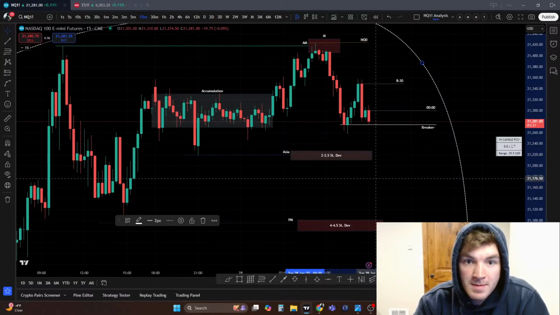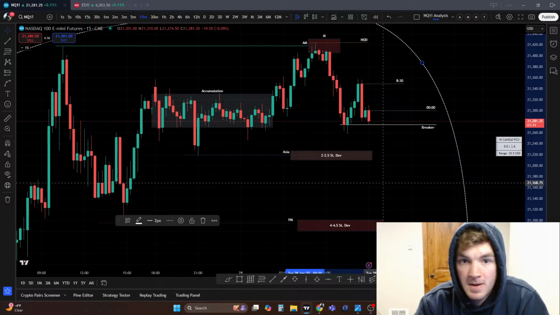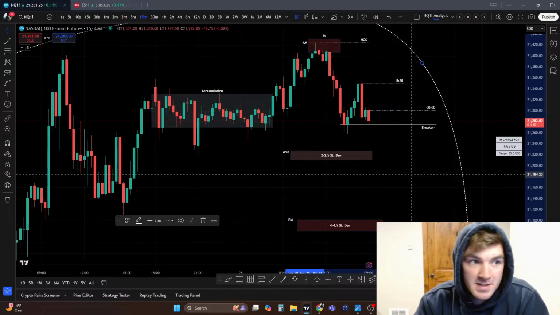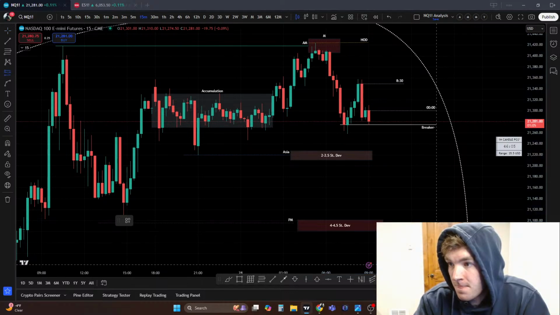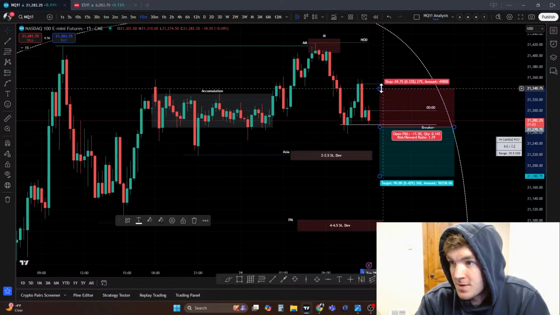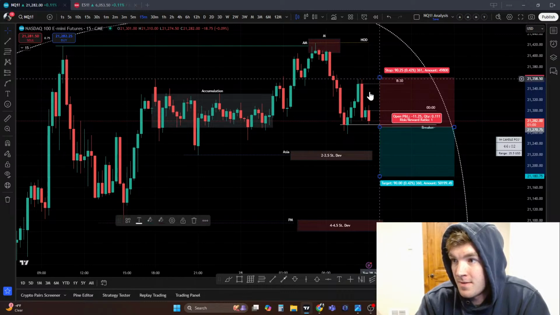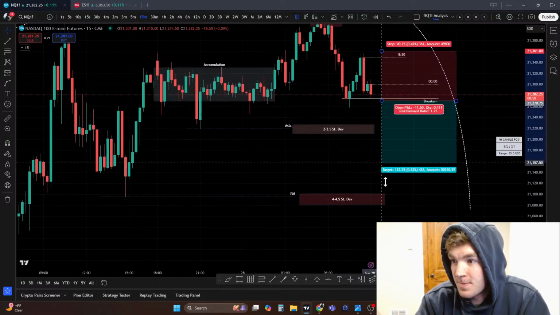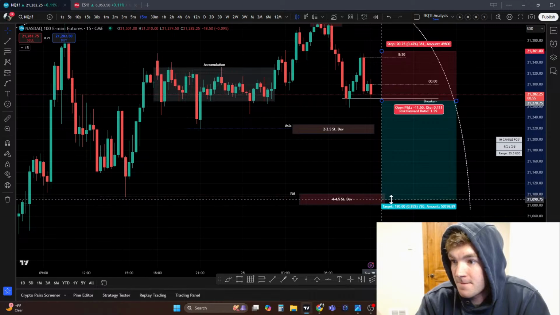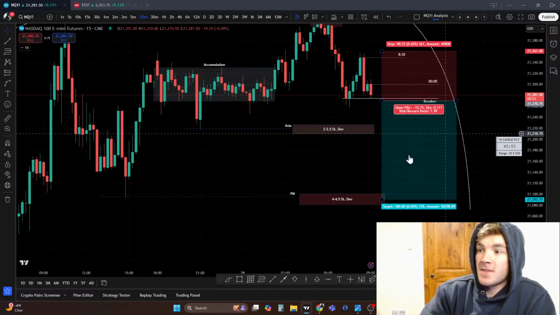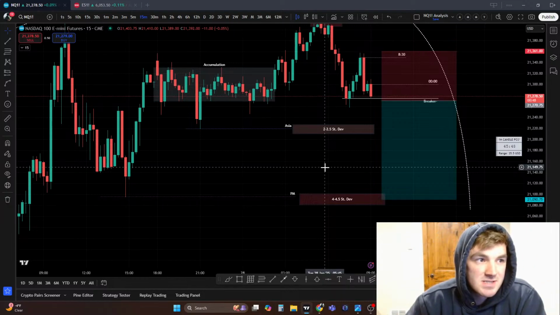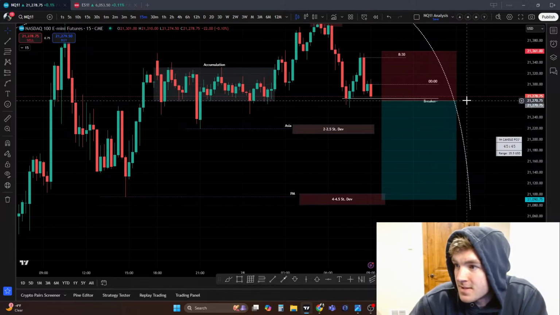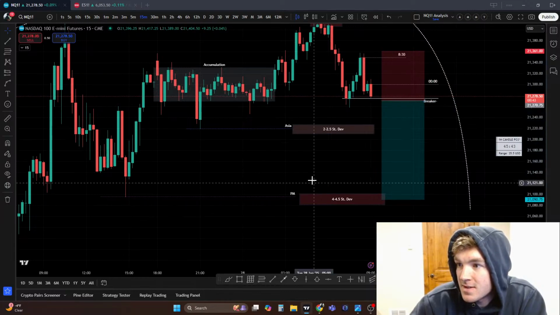So the move might be that you need to have a trade look something like this, where you enter on the close below, stop loss above this. This is probably what you need to do. It's pretty basic, nothing crazy, but you don't need anything crazy, right?